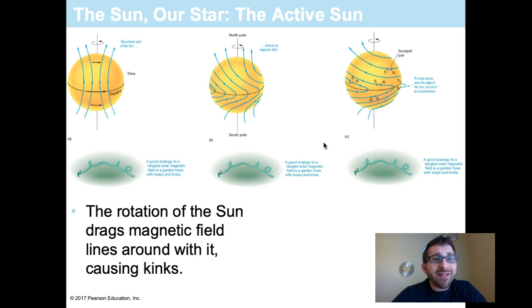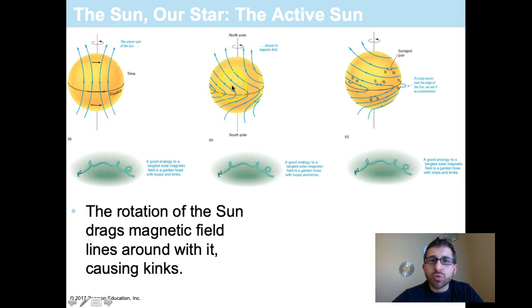Now, sunspot cycles are caused by the rotation of the sun and the fact that the sun is made of a material that is not solid. So, in other words, over time, we start off our sunspot cycle. In our lab, we talk a little bit about this in terms of a rubber band.